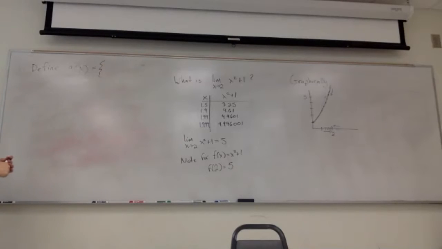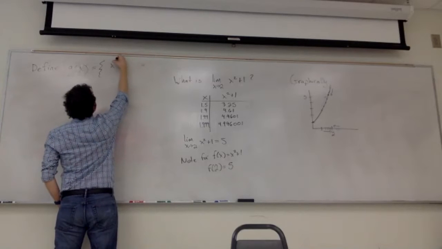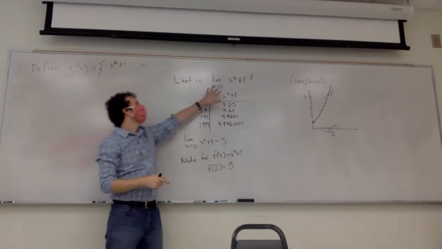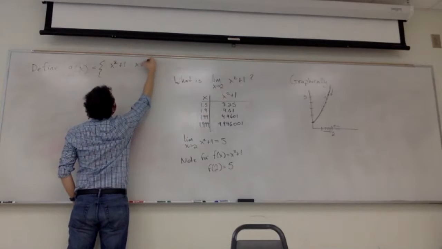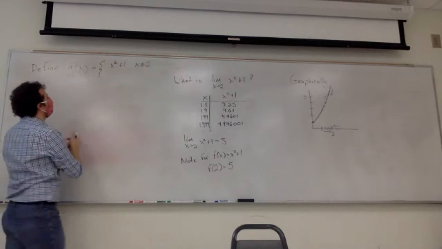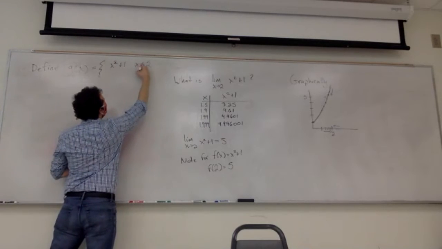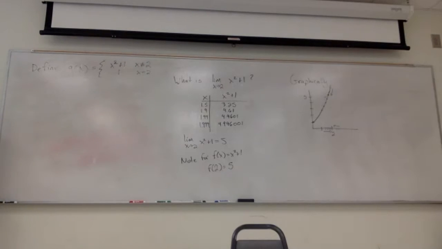What this function is going to look like is x squared plus 1, the same function that we had before, everywhere except 2. And then we'll say that at x equals 2, it's going to be 1.